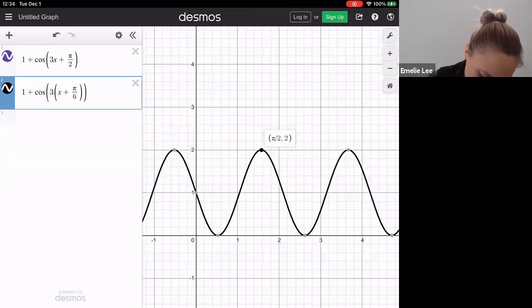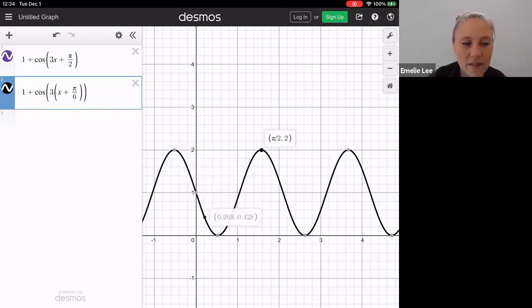I don't know if you can see my pointer. So it's going to start up here, and then it's going to go down, and then it's going to dip back up. And here, now I'm repeating the cycle once more. So I've gone a distance of 2 pi over 3.